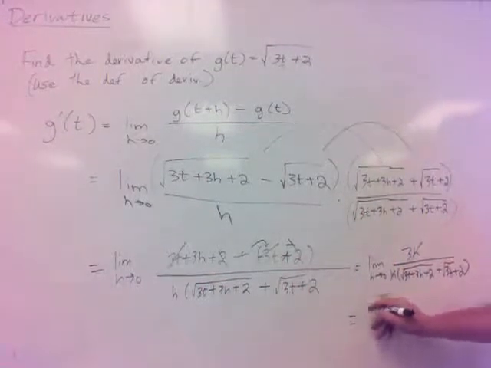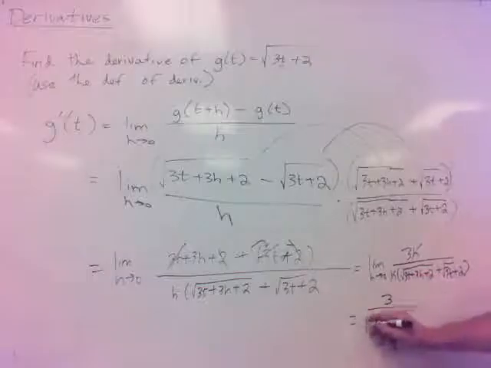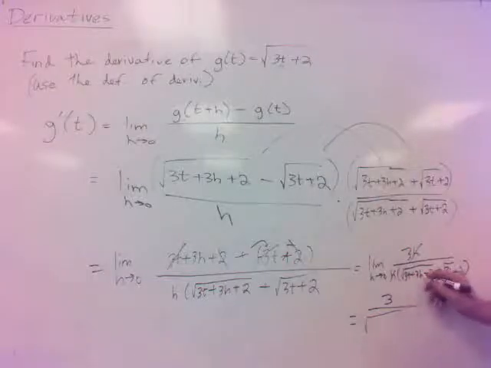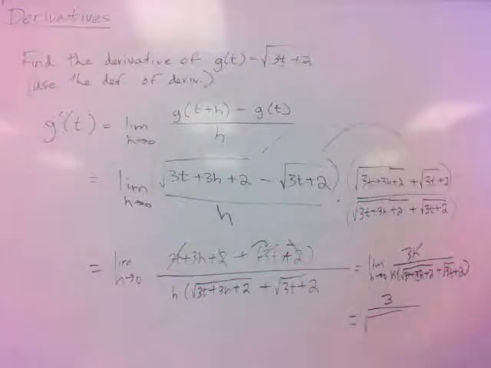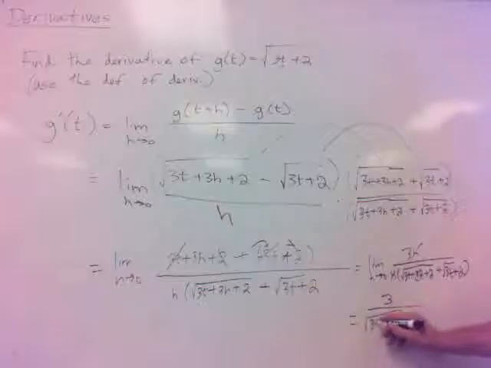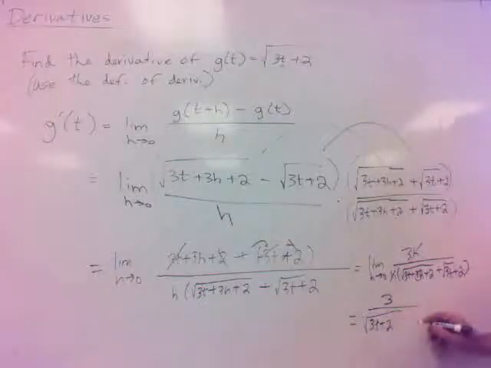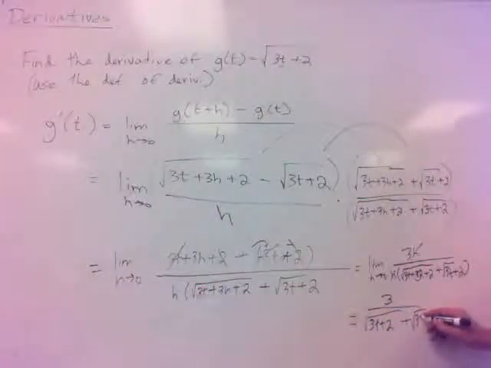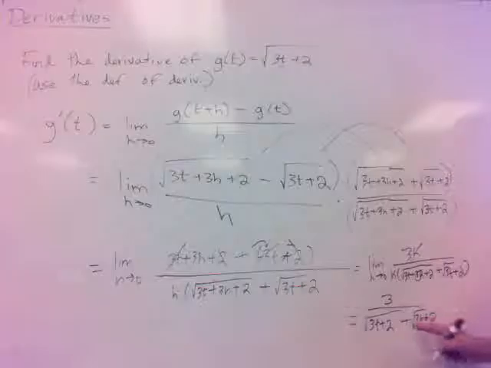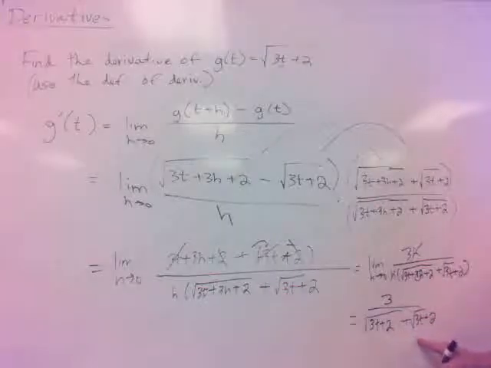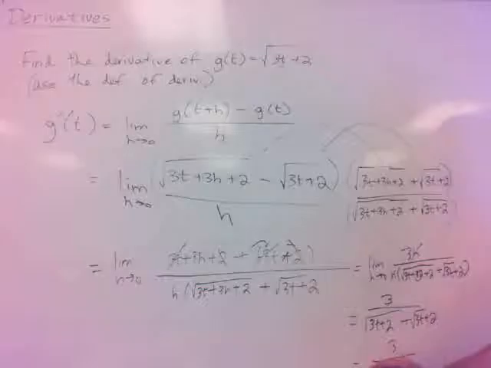So the limit is actually 3, and then the square root, since h is going to 0, will just be the square root of 3t plus 2. So don't I have on the bottom 2 square roots of 3t plus 2? So it's going to be 3 over 2 square root of 3t plus 2.